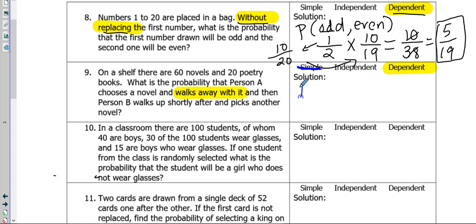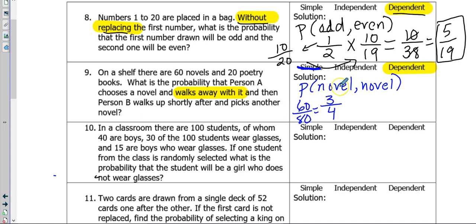So we're looking for the probability of the selection of a novel. We're not replacing it, and then another novel. So the probability of the first novel is going to be 60 out of 80, right? So that's going to be 6 out of 8, which simplifies to 3/4, right? So 60 out of 80 is going to be 3/4.